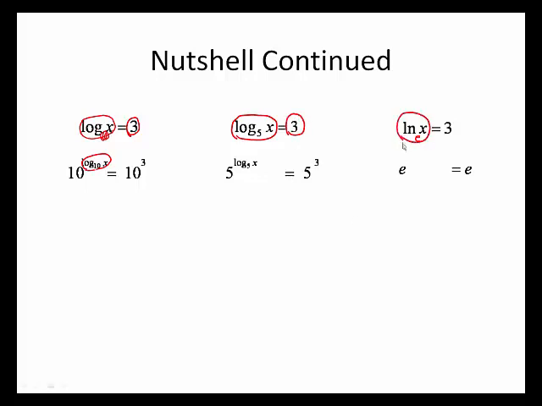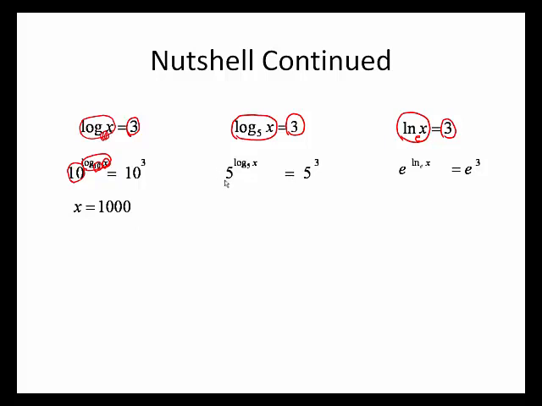And one last time, this becomes the exponent on the left-hand side, and this becomes the exponent on the right-hand side. You're going to hear me say exactly the same words you heard on the last screen: when this base matches this base, you get this. So in this case, x is equal to 10 to the third power, which happens to be 1,000, so we're done with that one.